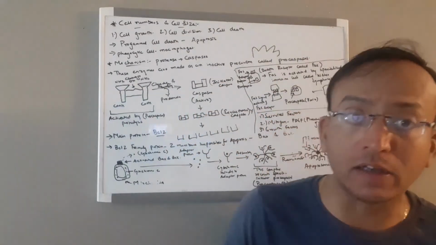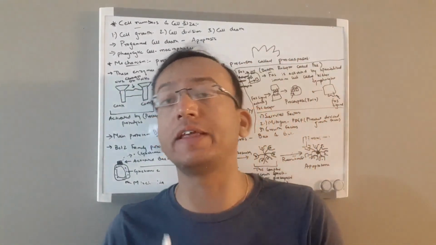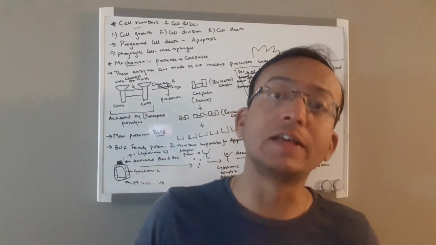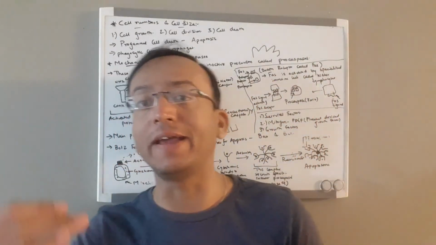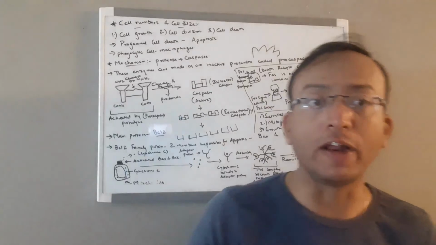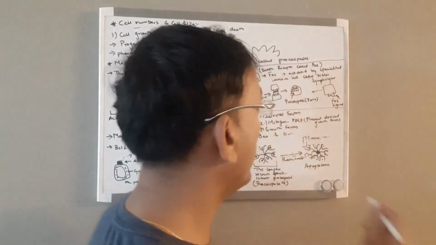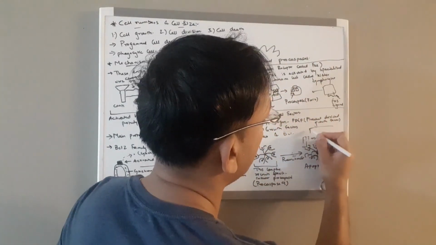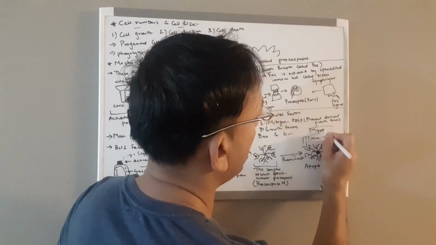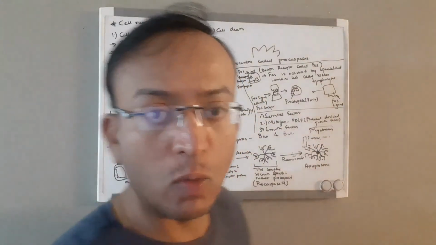But there are some extracellular signals, right? However, they act to oppose these positive regulators and thereby inhibit growth. For example, myostatin, right?